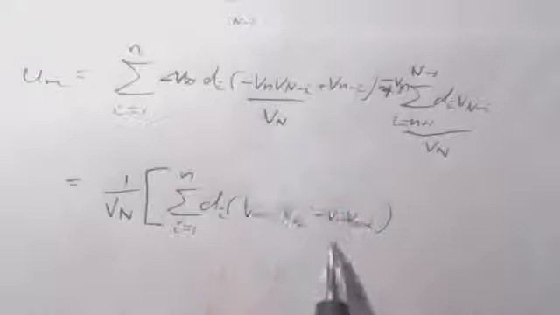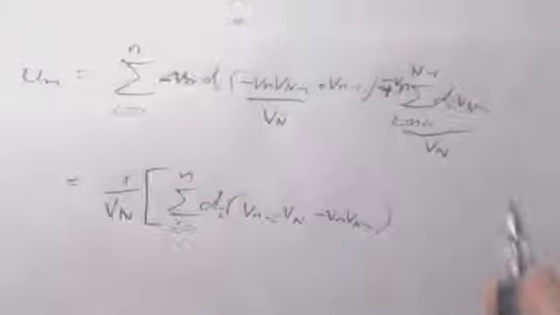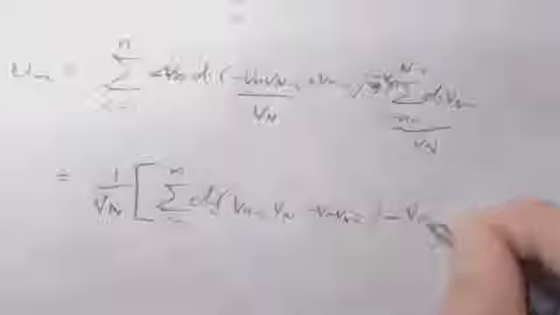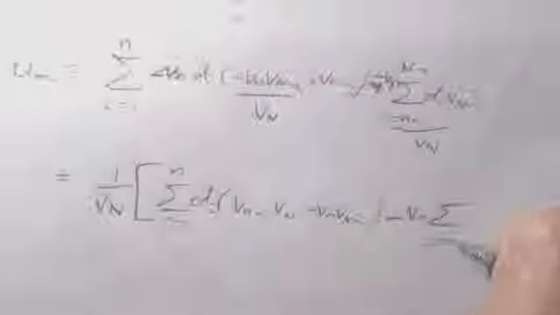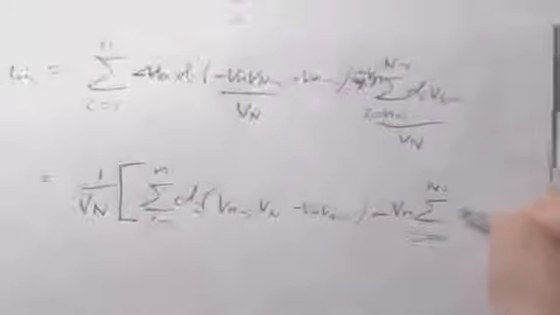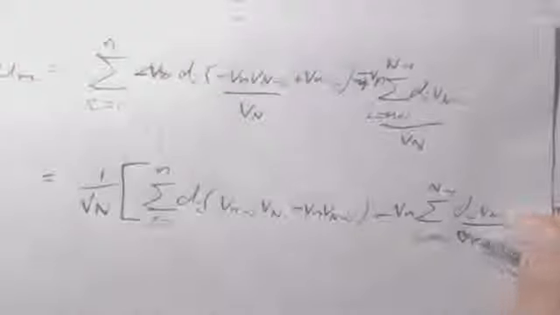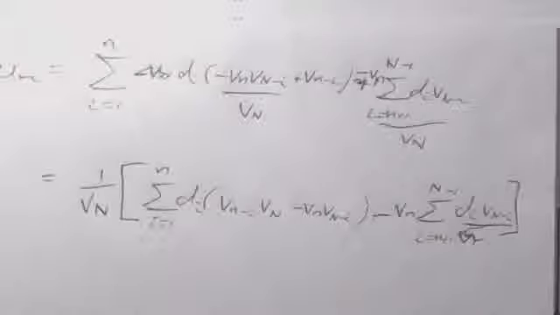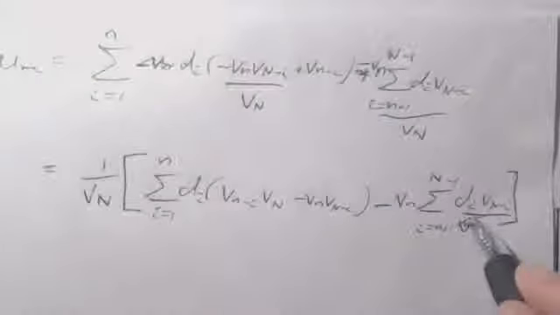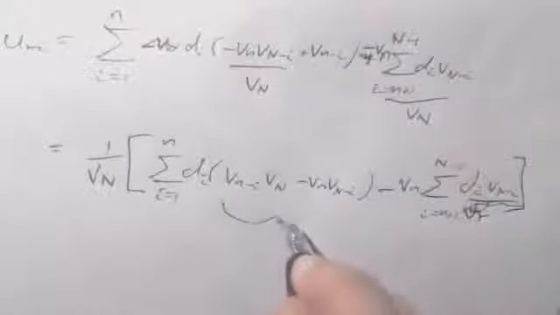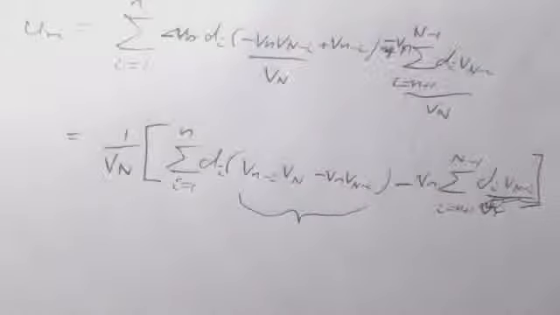This already had the 1 over vn in, so I don't need to multiply this by vn, minus vn sum from i equals n plus 1 to big N minus 1 of di vn minus i over v, oh no, not over vn, because we've got the vn out here, so we've got this form here. And this term here can be represented in a completely different form.